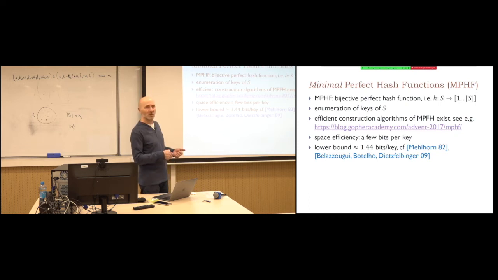So this is a much more complex construction than we had before, but I just want to mention this to tell you that minimal perfect hashing exists also. We can not only require that the size of the hash table is linear, but we can also require that the size of this hash table is exactly n.